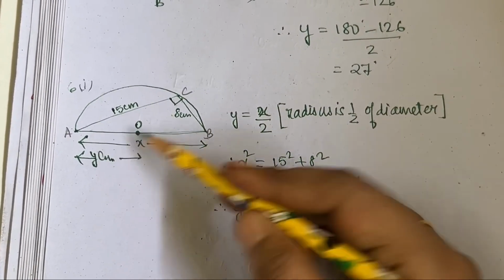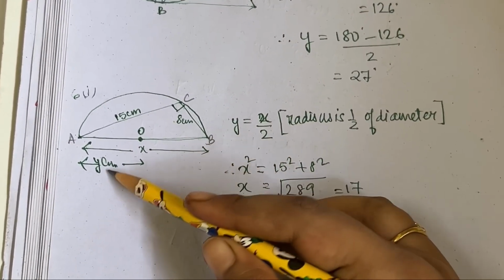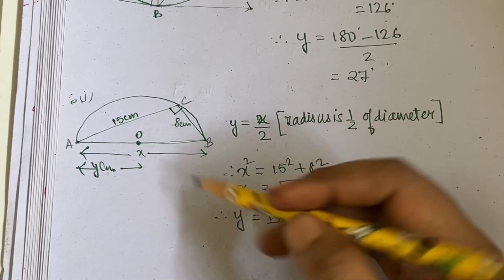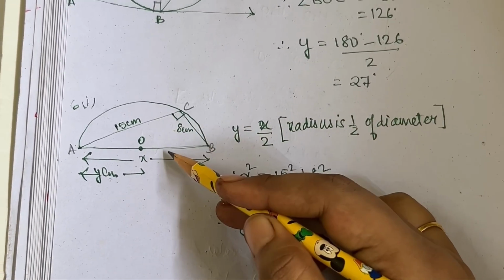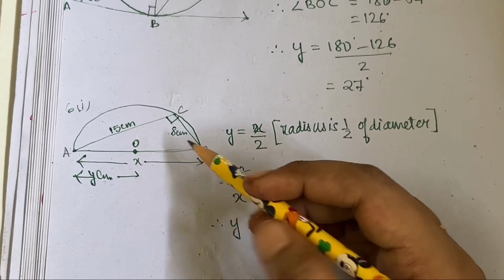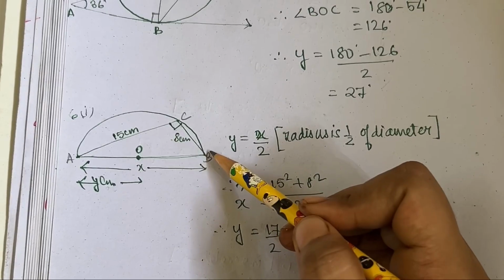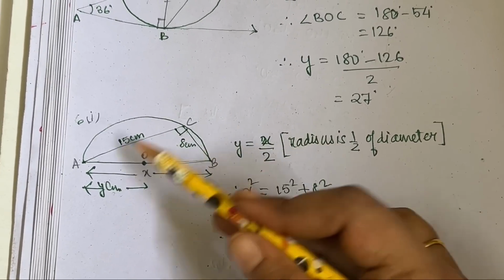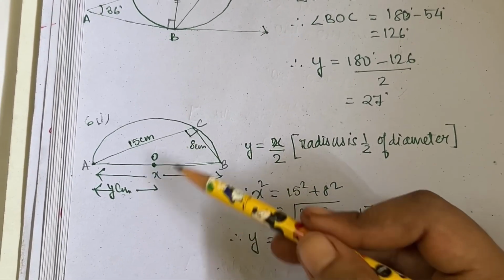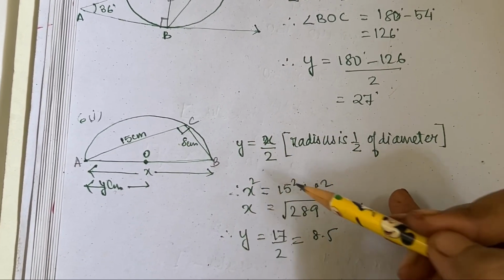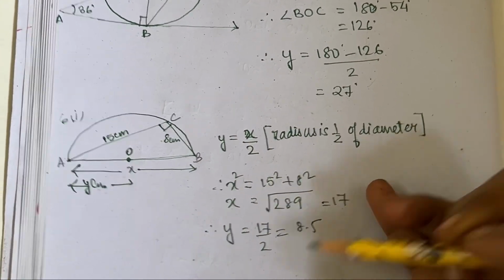We know this is the diameter, so x is the diameter, y will be the radius, so y will be equal to x by 2. Now x square, because it is the hypotenuse, is equal to 15 square plus 8 square. Because we are applying Pythagoras theorem, x will come to 17 and y will be x by 2, that is 17 by 2, that is 8.5.